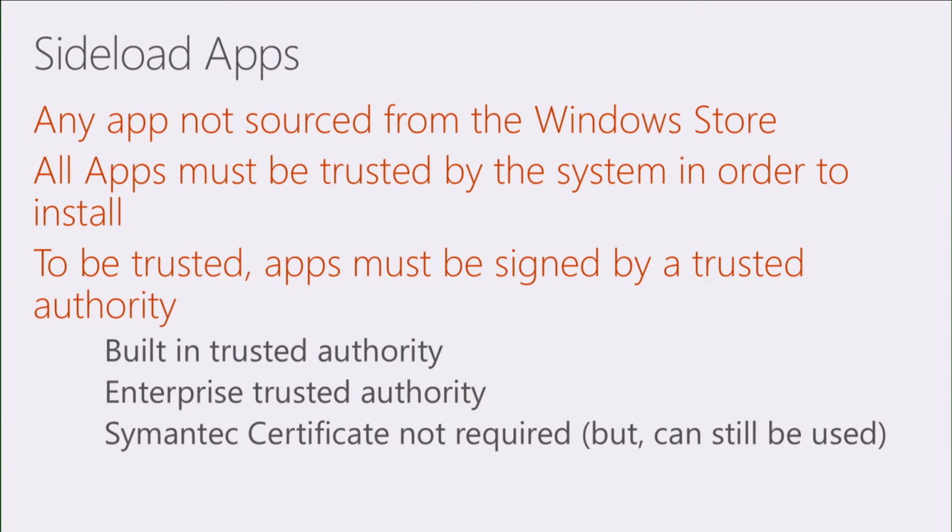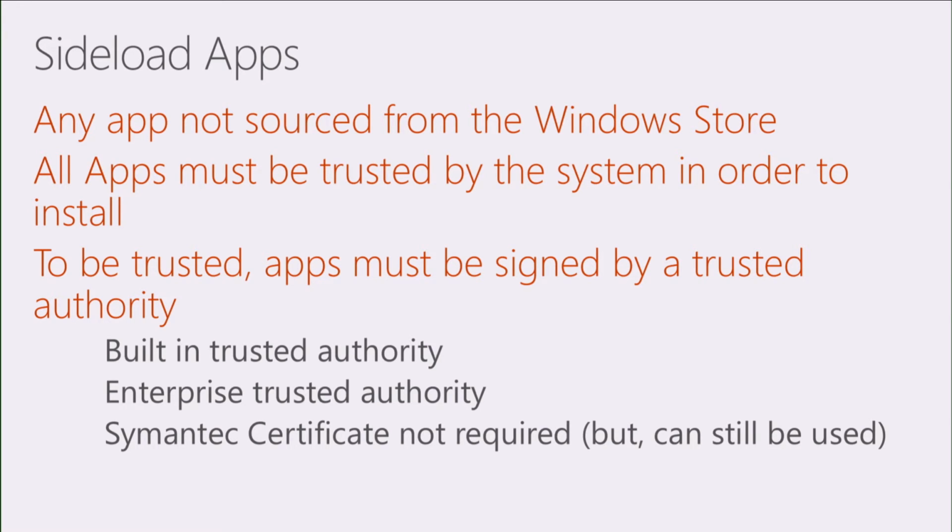You've distributed the cert. A third option is something we used back in Windows Phone 8 days called a Symantec certificate. The Symantec folks would issue a certificate to an enterprise so that they could have applications signed by their enterprise, but the system had previously built in and already trusted that. You can still use that if you are using that today. So for those of you who have Windows 8 and are moving forward, you can still use that.